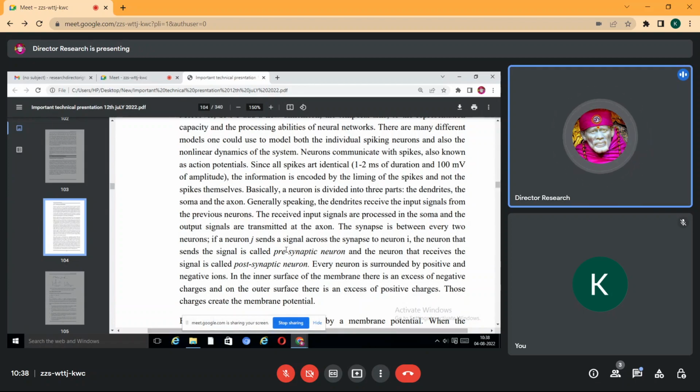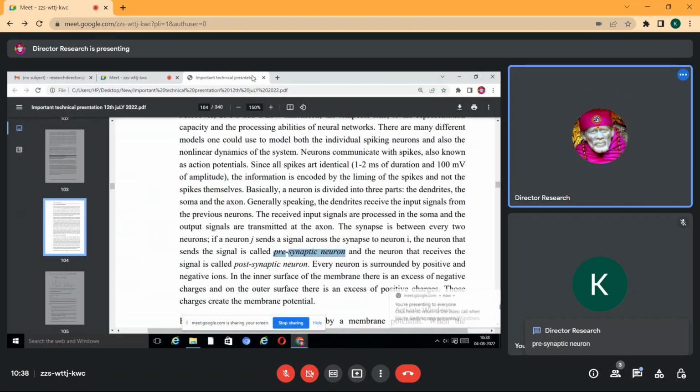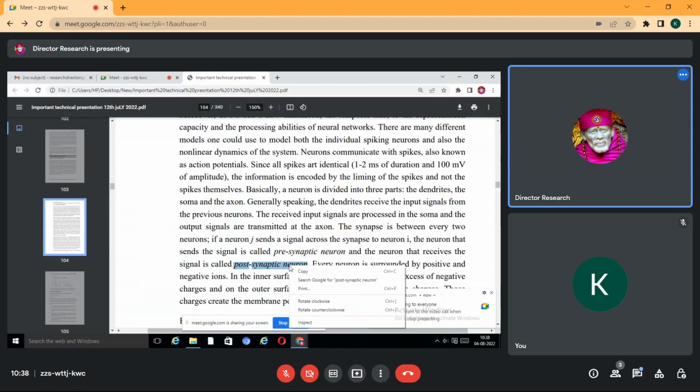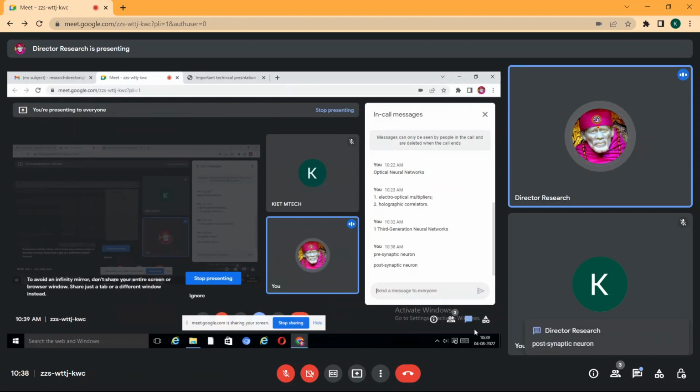I want to point out these two keywords: presynaptic neuron, postsynaptic neuron.